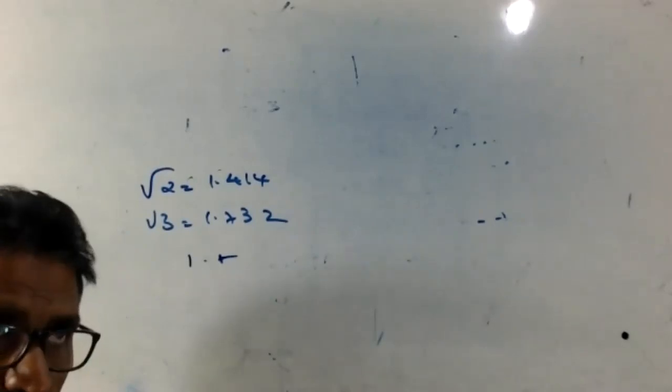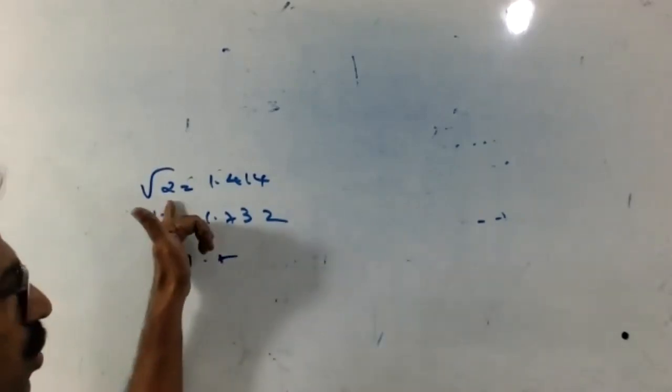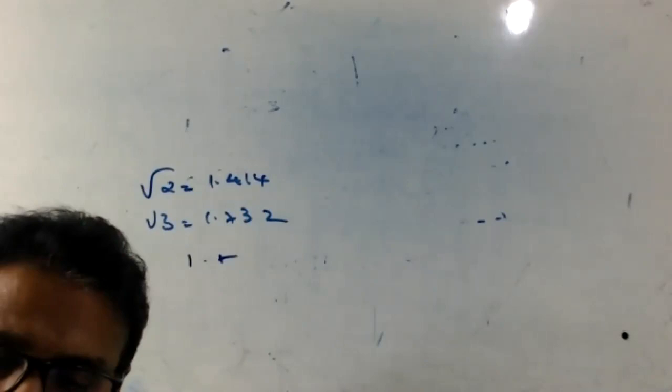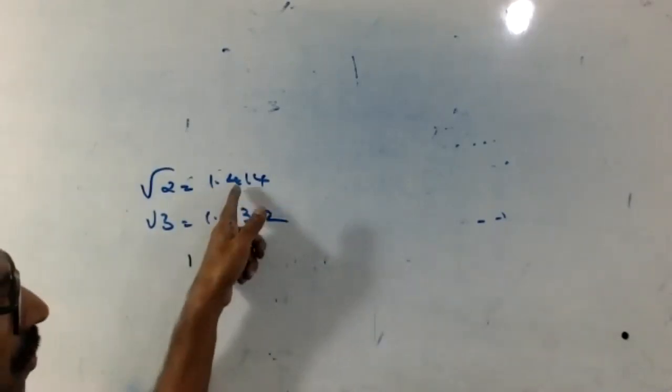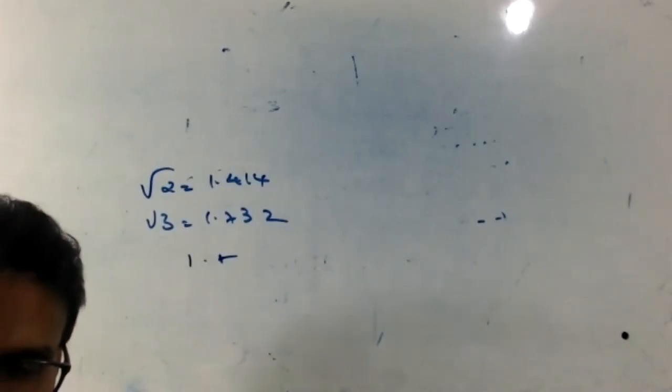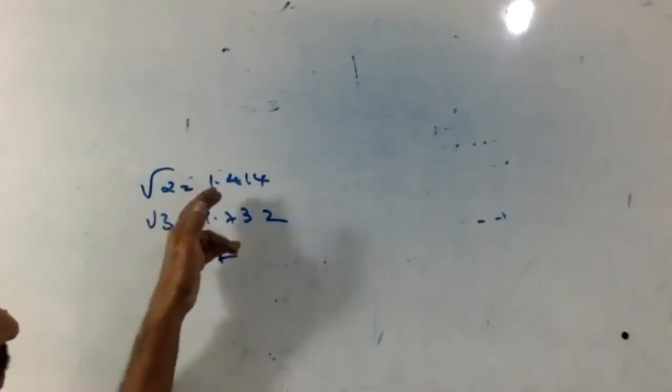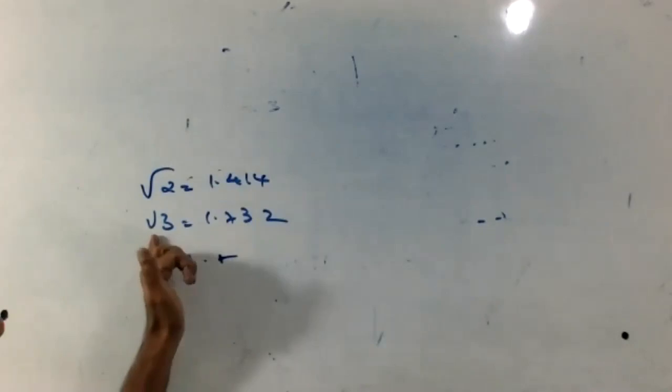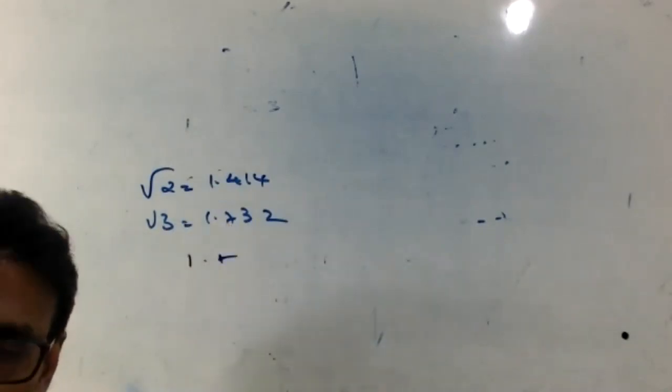Okay, listen here. You follow exactly what I said. Root 2 is 1.414. So you should have a number more than 1.4. Root 3 is 1.7. In between only is possible.